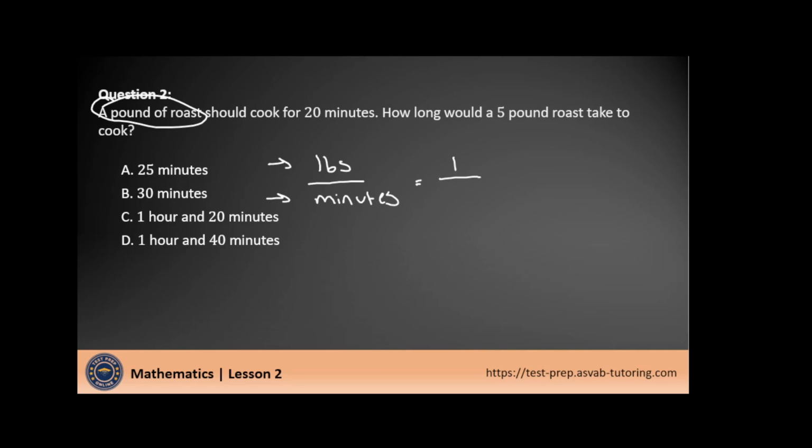So the number of minutes that goes with 1 pound of roast is 20. That's going to equal a second fraction. Again, we're going to put pounds on top, which is 5. And the number of minutes is the unknown, so we'll put that as m. Let's cross multiply.